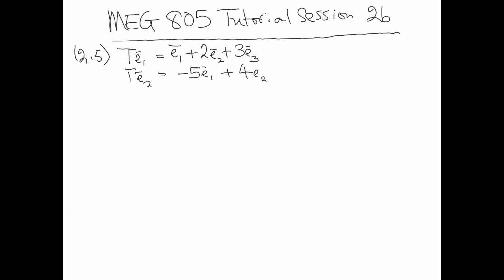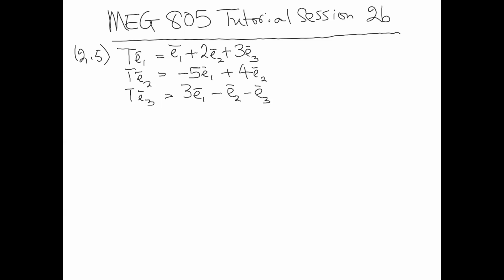And that same tensor transforms E3 to be 3E1 minus E2 minus E3.